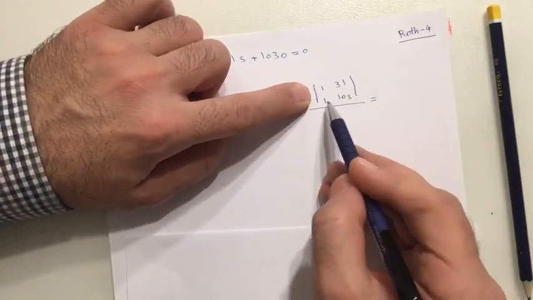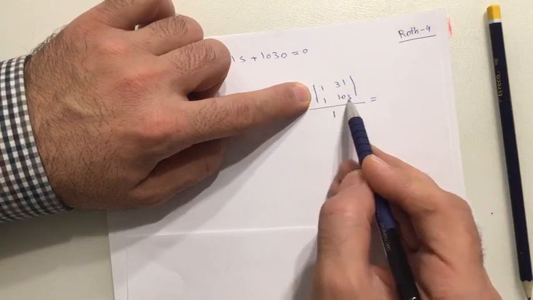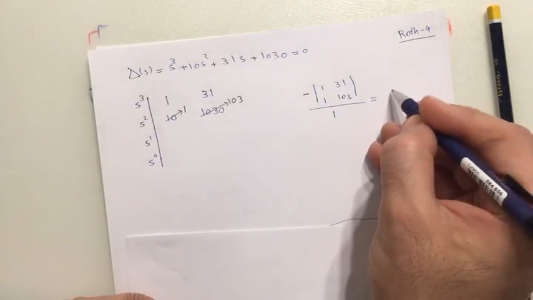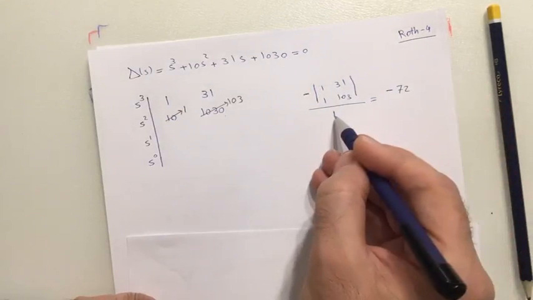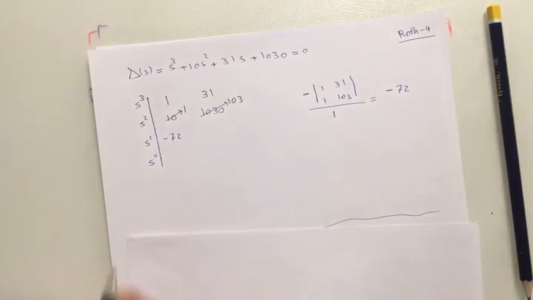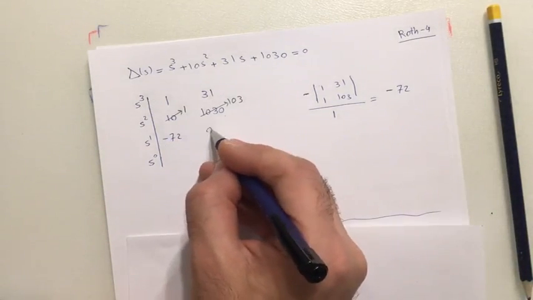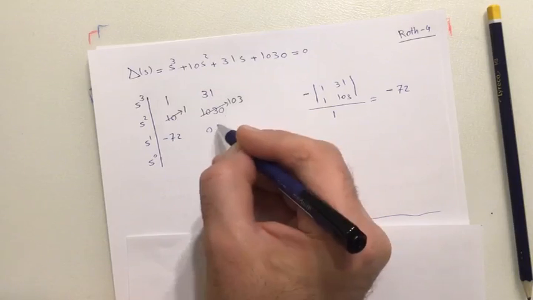So 1 multiplied by 31 minus 1 multiplied by 103 gives minus 72. Because it's divided by 1, it is anyway minus 72. So we have minus 72 here, and the element next to it is 0 because there is no next column.